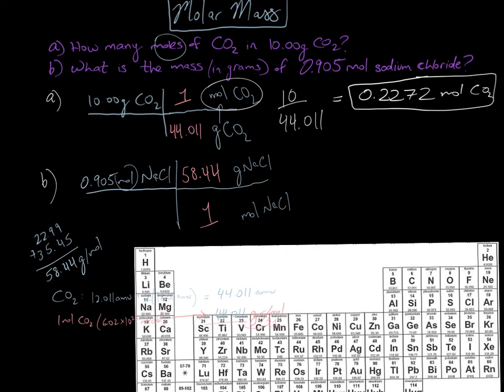Then I multiply across, so 0.905 times 58.44 gives me, rounding to sig figs, 52.9 grams of NaCl.